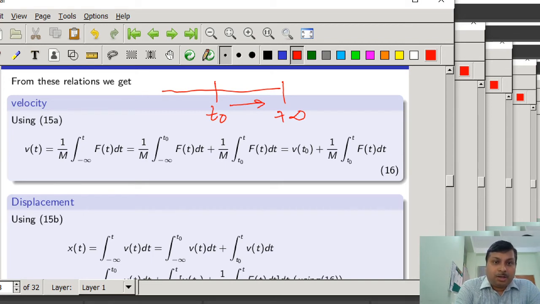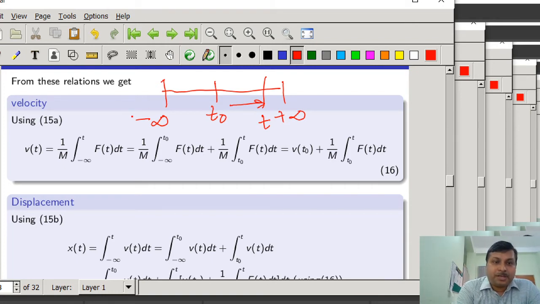Now we know f(t) from t0 onwards. Means f(t) is the input of the system, but we have started doing the integration from minus infinity to t, means at any time t, if I want to know what the system behavior is.